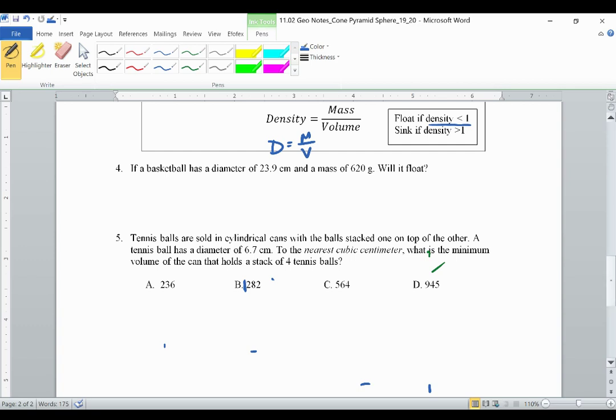on the water. Number 4 says, if a basketball has a diameter of 23.9 centimeters and a mass of 620 grams, will it float? So let's find the density. So density equals our mass over our volume. So we know that this is a basketball, so that would take the shape of a sphere.